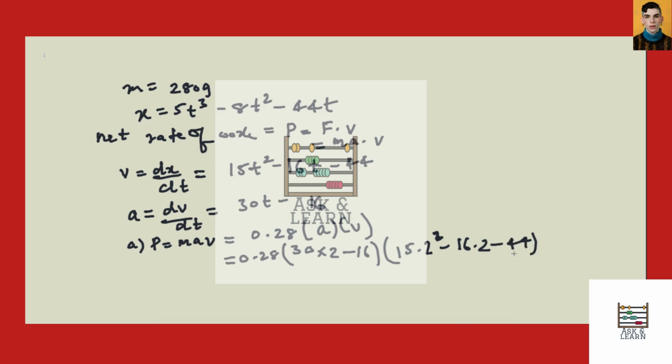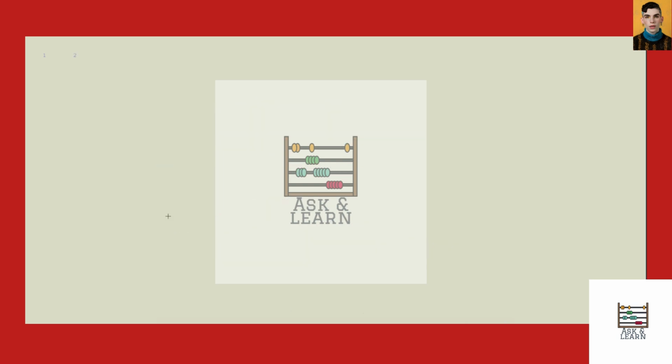So that's the instantaneous power at 2 seconds. If you solve that, you'll get minus 197.1 watts. So that's the first part of the problem.